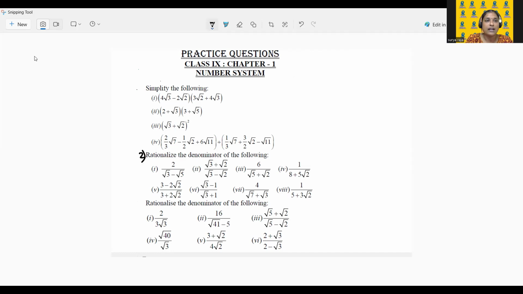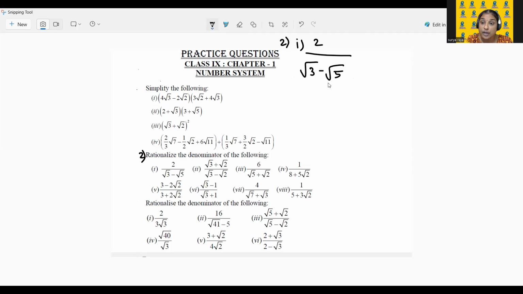In this one, I'm going to take 2 over square root of 3 minus square root of 5. See, I have told you already, in the denominator, if you have any irrational number, we can rationalize the denominator by following a method.